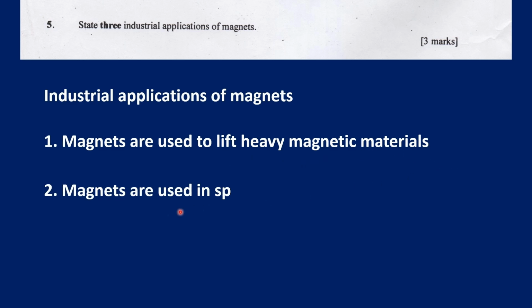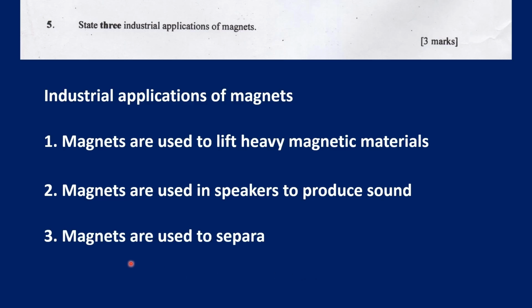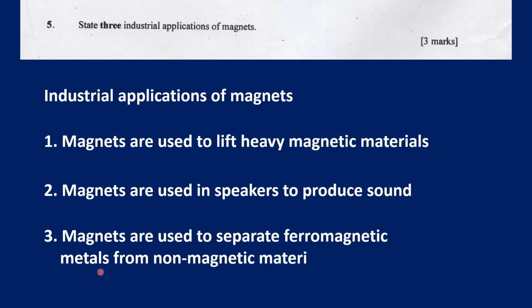And also magnets are used in speakers to produce sound. Not only speakers, but DC motors and a lot of other devices. Magnets are used to separate ferromagnetic metals from non-magnetic material in recycling.